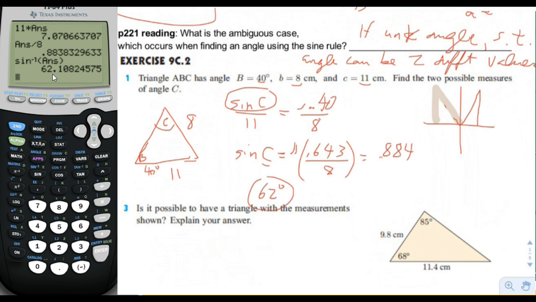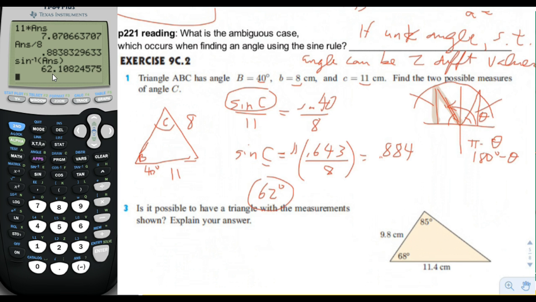So for example, 62 degrees, I drew it right here. That's on the unit circle. The brown triangle is the mirror reflection of that triangle, which also has the same sine. So if this sine is 0.884, this sine is also 0.884. How do we find the angle of this triangle, which starts here and goes all the way to there? We can take this theta and find the new angle by saying pi minus theta, or 180 degrees minus theta.